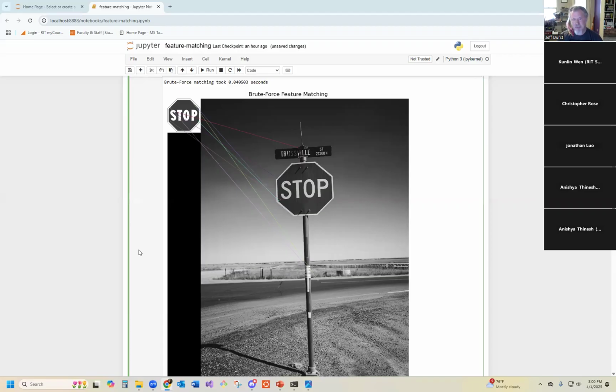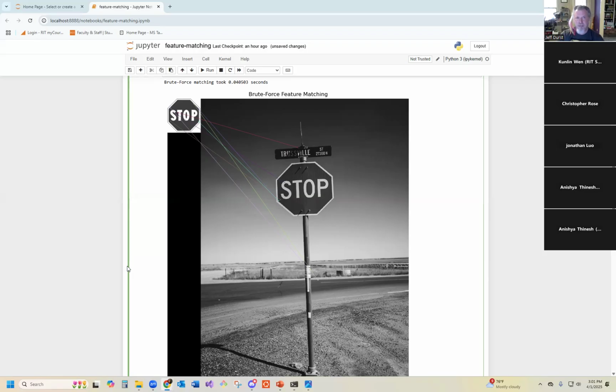And then it can't tell the difference between some of the white lines outlining the stop sign and the white lines on the road. And the white reflective stuff on the pole there is also throwing it off. And the fact that our target image had a white background can also have an impact on this, because it looks for lighter colored things, because a huge part of what I've given it is the color white.